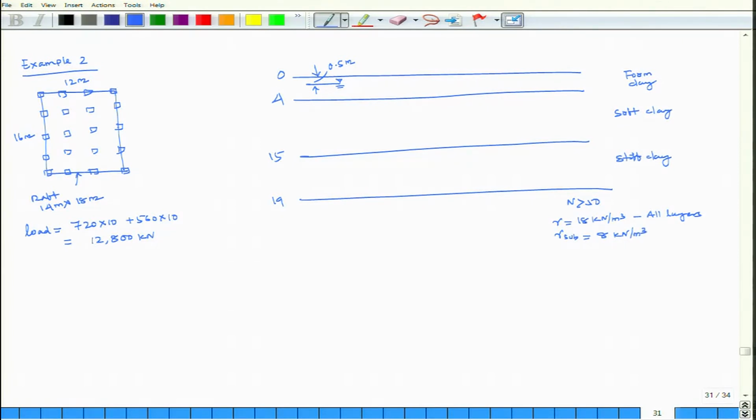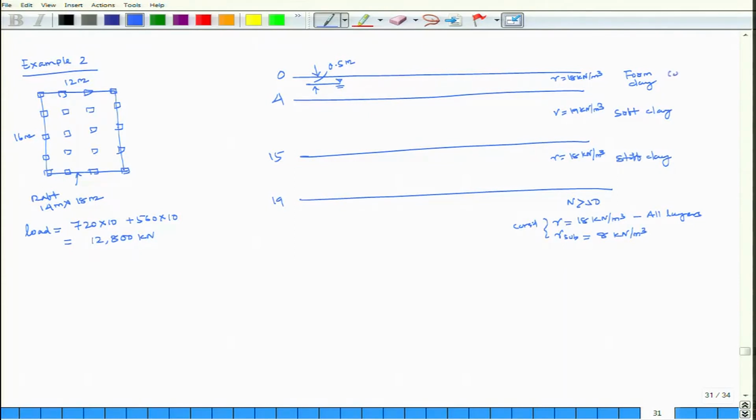So, you just consider it, though it is given gamma is equal to 18 kilonewton per meter cube, here gamma is 19 kilonewton per meter cube, then here gamma is 18 kilonewton per meter cube, and what other values have been given?